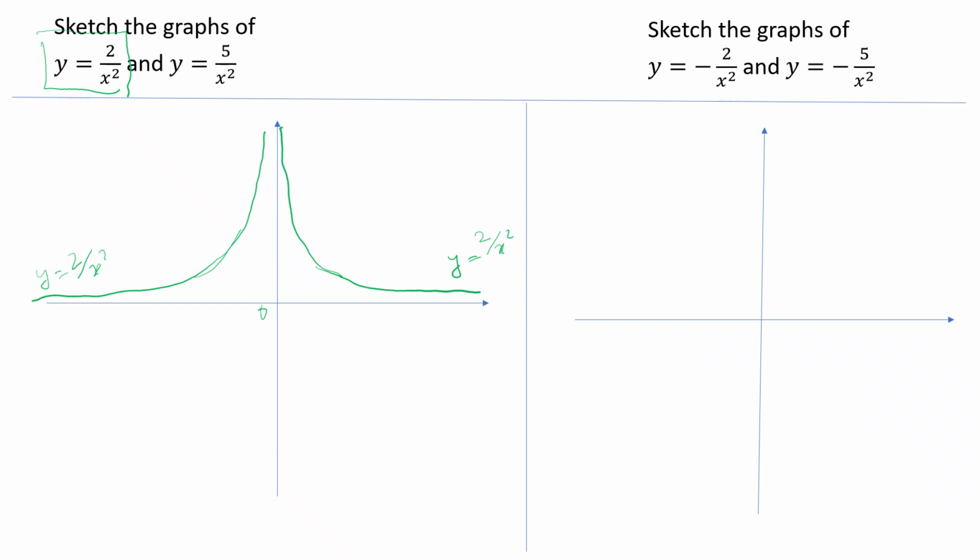Now I'm going to draw the second graph in red line. For the same x value, the y value is bigger than the first graph, because this is 5 over x squared, so it's bigger. So the graph is above the green graph.